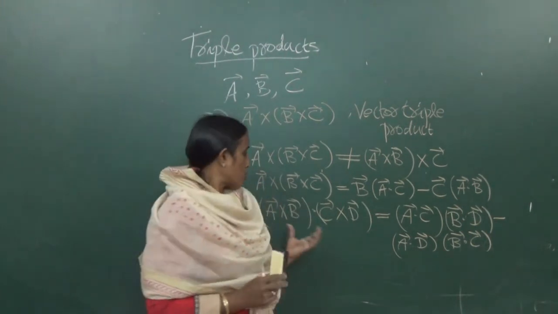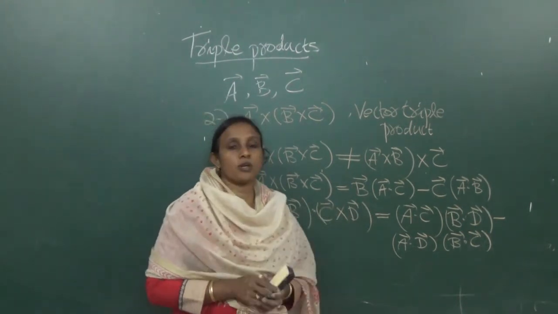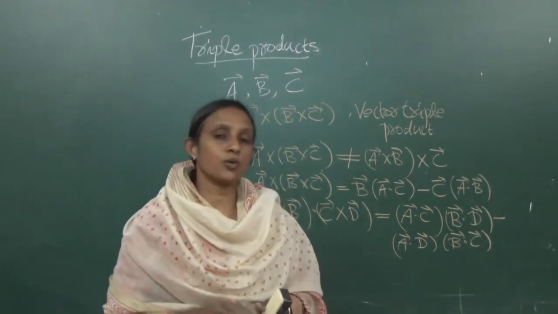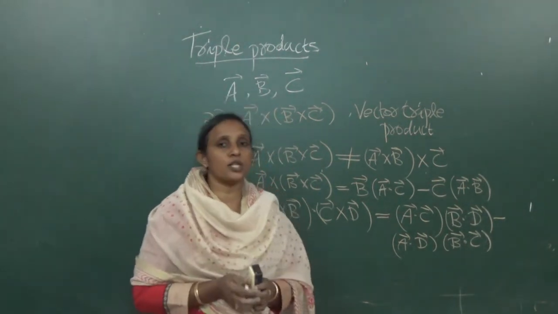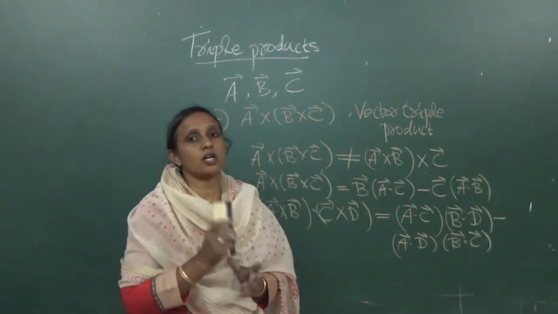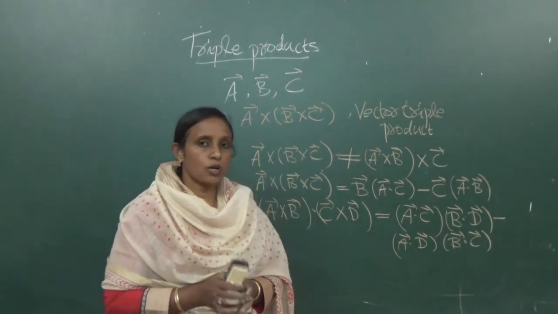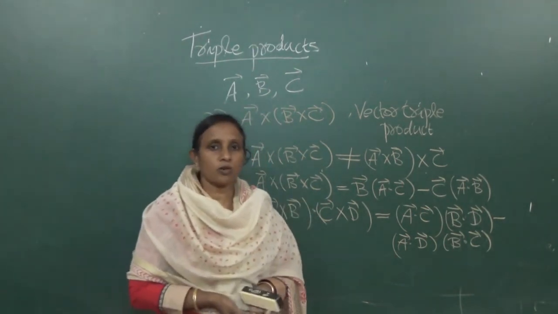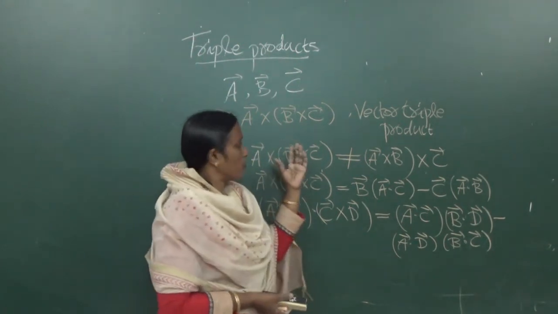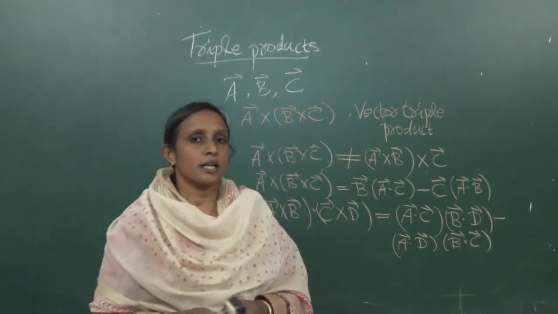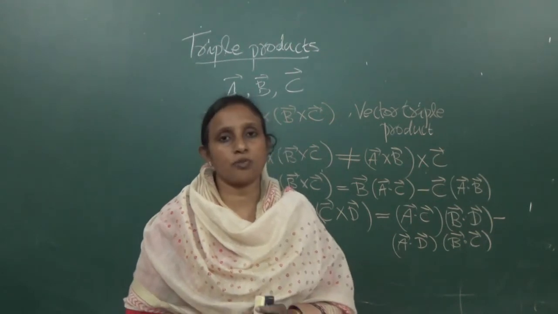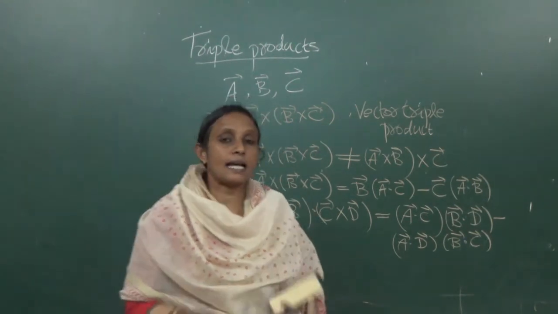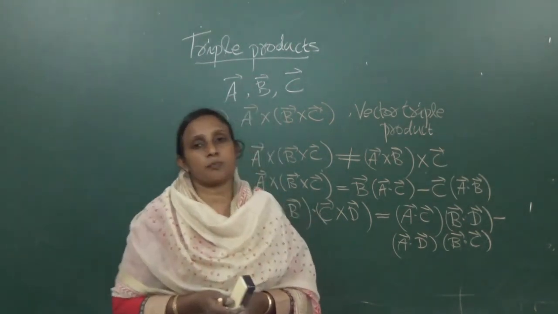This gives an equation which has only one cross product. Please remember all these things about multiple products of vectors, either scalar products or vector products.